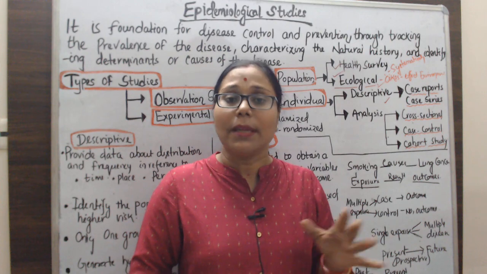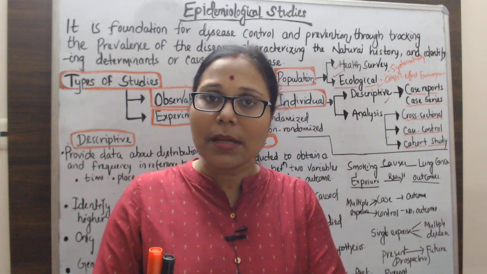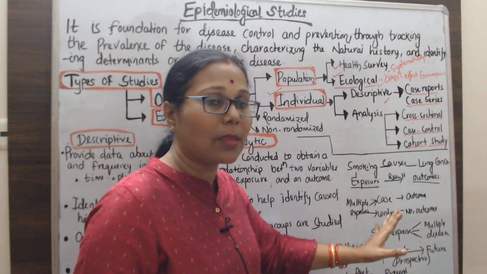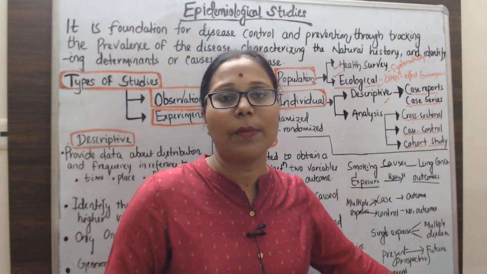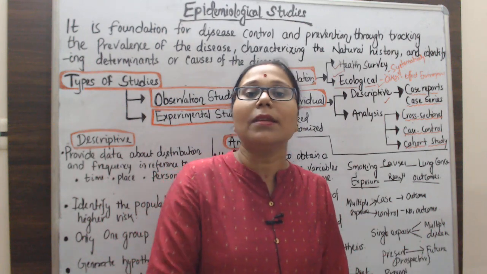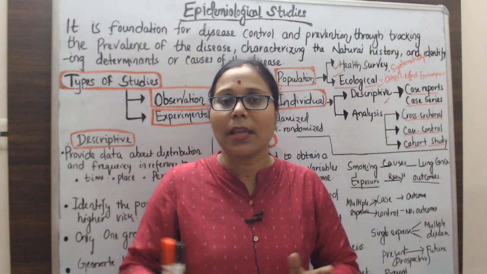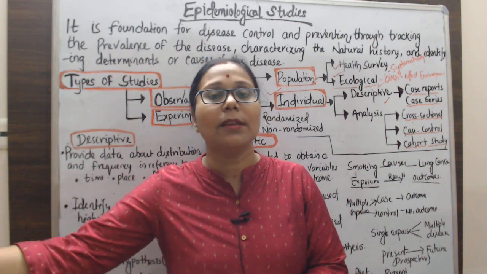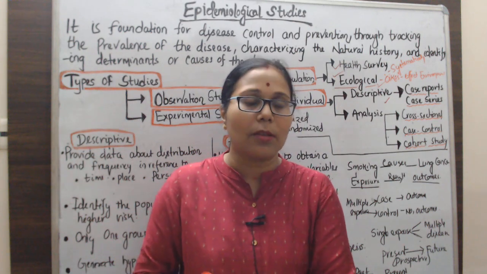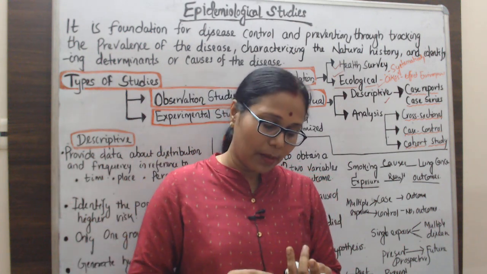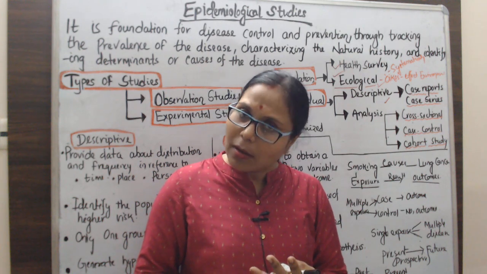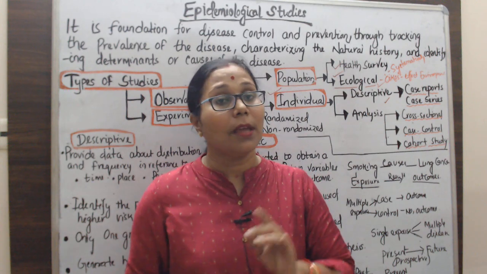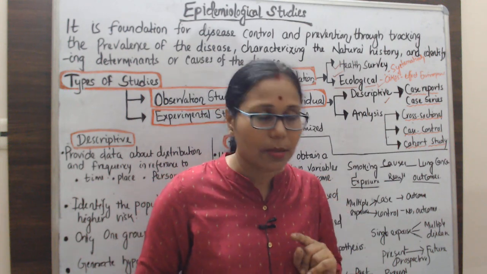The groups have the same characteristics, but they are exposed to smoking habits, and we find multiple diseases over a period of time. A cohort study takes a longer duration, and after the study we come to know about the disease. They have multiple diseases, some might have tuberculosis, some might have lung cancer, some might have ARI, acute respiratory infections. So there are multiple diseases, but the exposure is one, that is the smoking habit.